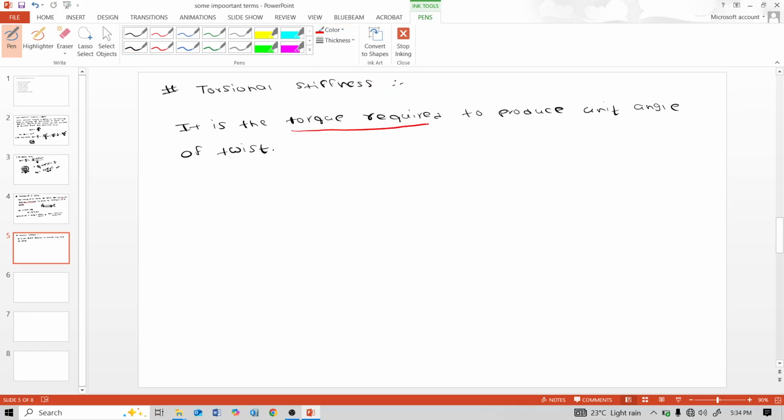Why this required torque? Because we have to produce unit angle of twist. And the equation for this is torsional stiffness is equal to G into J upon L.